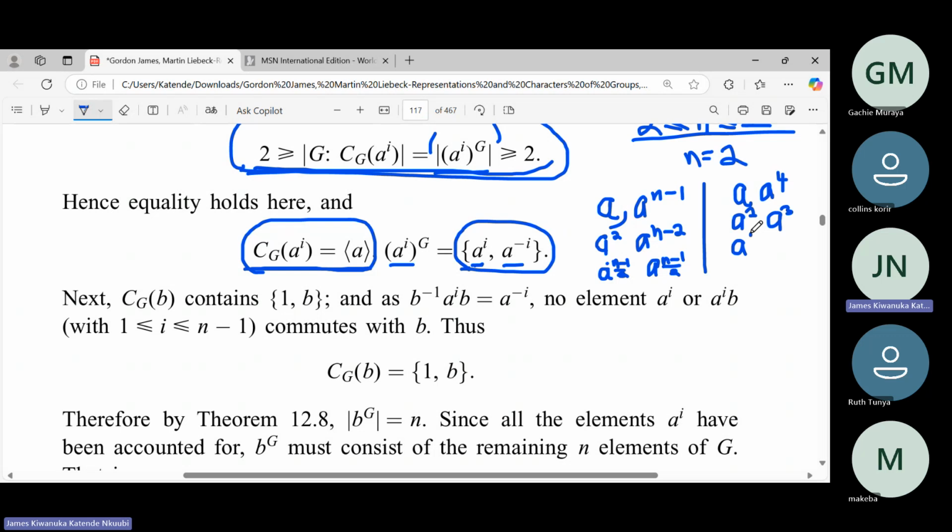Then A^3 will go with, now this is repeated. I think that's it. They will stop here. These are the only ones you'll have. So if n is 5, you have only these two, this one and that one.